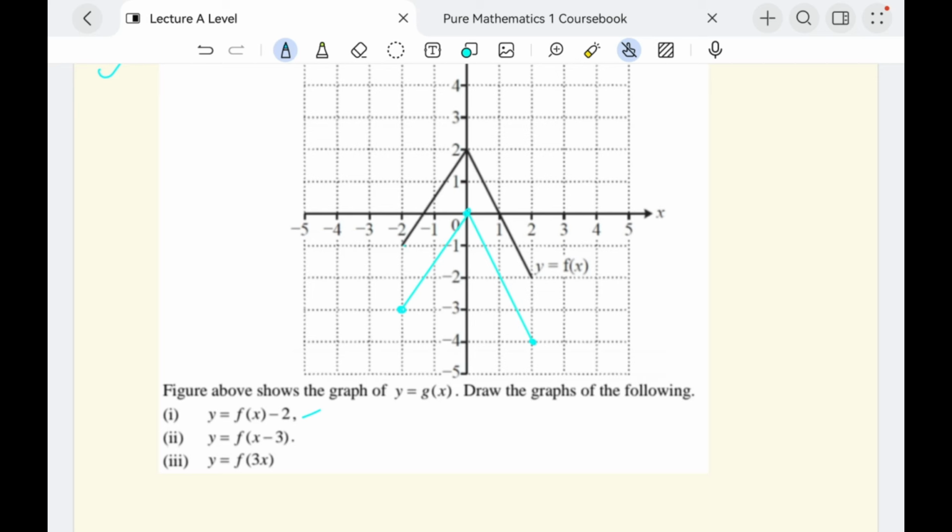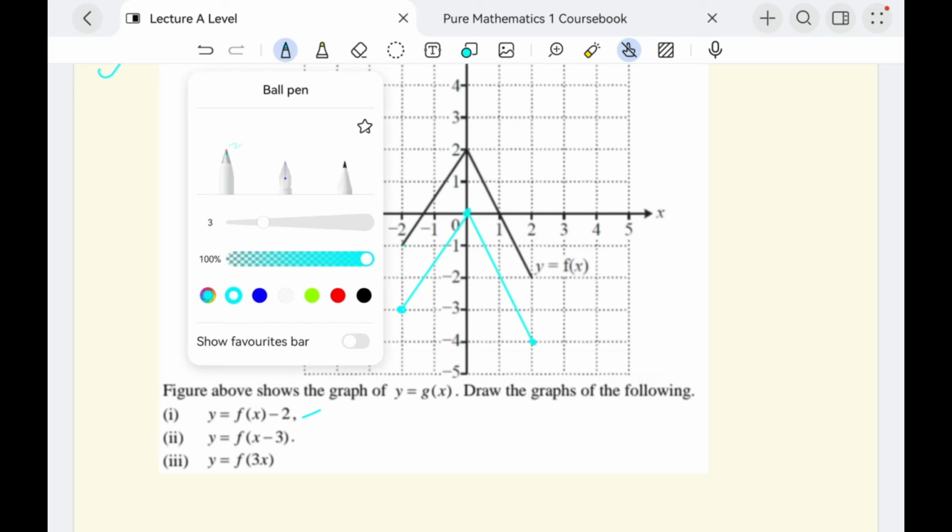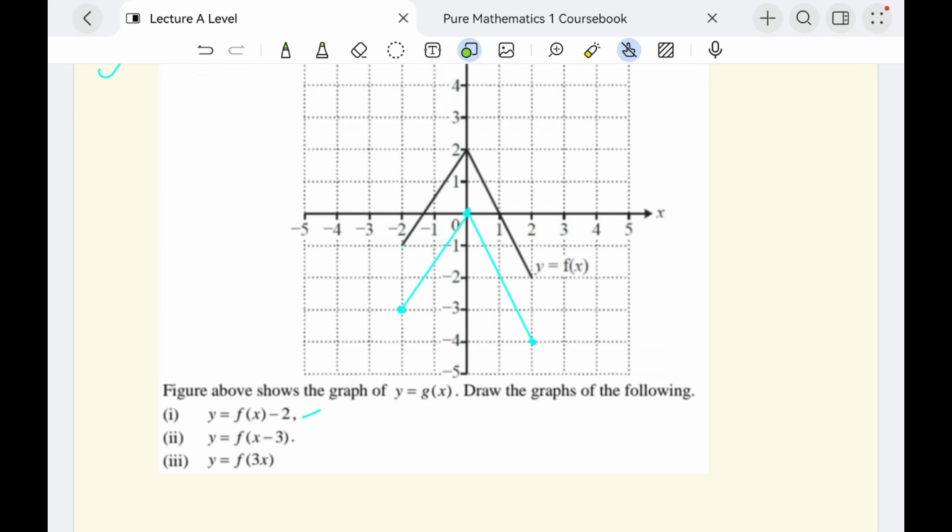Okay, let's take a look at the second part. Maybe this time I will use a different color. Okay, so the second graph is f of x minus 3. So what does x minus 3 mean? It is a translation of (3, 0). You need to move to the right side by 3 units because the sign in the bracket is negative. That means you need to shift this original f(x) graph to the right side.